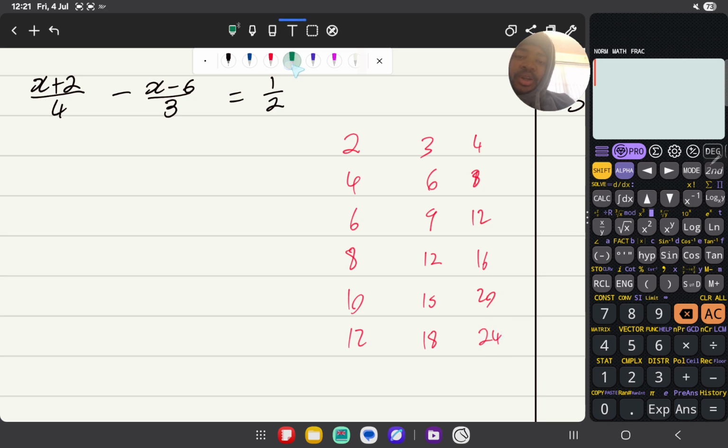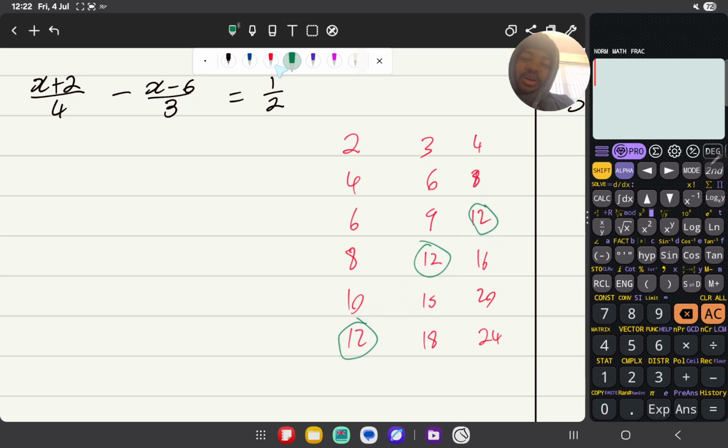And then you look for the lowest common multiple. So 2 only appears here, 3 only here, 4 appears here and here but not here, 6 appears here but not here, 8 appears here but not here, 10 appears here only, 12 appears in all. So you realize that 12 is the lowest common multiple.